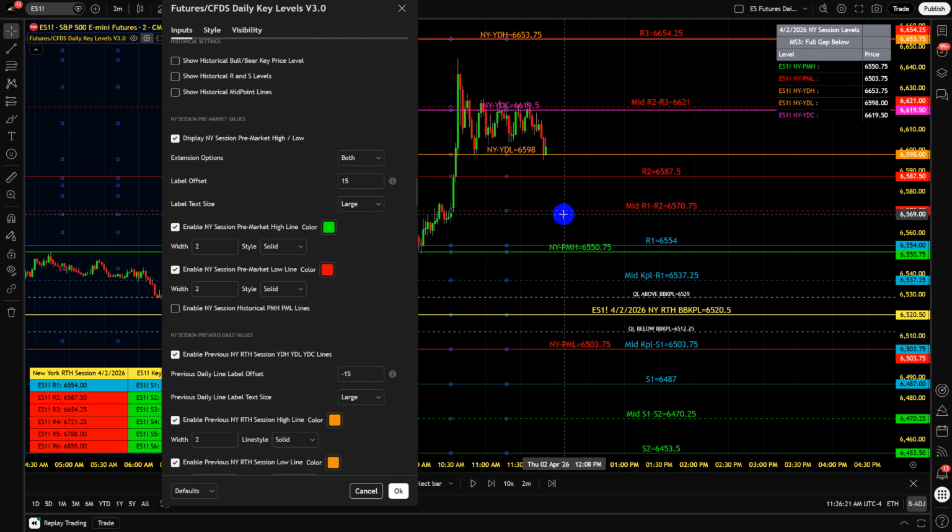So as an example, this was the PMH and PML for the Thursday, April 2nd, 2026 session. The YDH is yesterday's daily high, YDC yesterday's daily close, and YDL yesterday's daily low. What that means is that that is the prior day's RTH session high, low, and close.